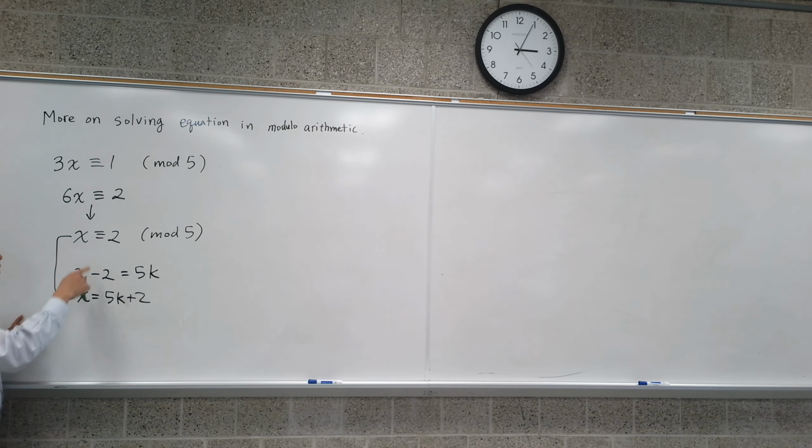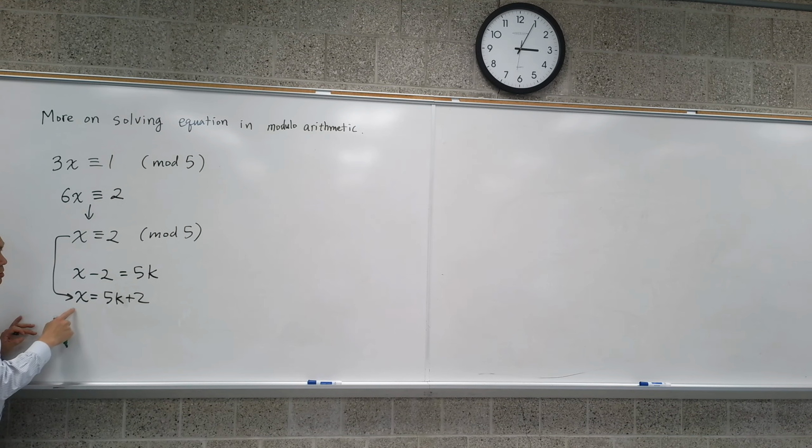So either way, whether you use the definition that if a is congruent to b then the difference should be a multiple of this number, or you go straight here, the end result is that saying x is congruent to 2 mod 5 should be thought of as x is a number which is 5 times some unknown number plus 2, okay?